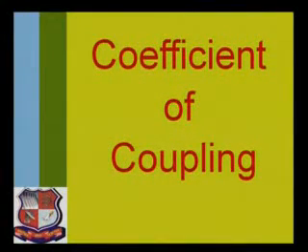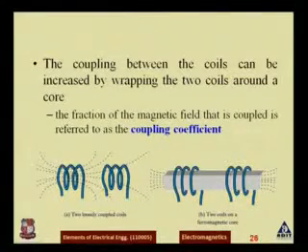Okay, we will now see the coefficient of coupling. The coupling between the coils can be increased by wrapping the two coils around a core. The fraction of the magnetic field that is coupled is referred to as the coupling coefficient. In the left hand figure, you can see two loosely coupled coils, and in the right hand figure, two coils on a ferromagnetic core.